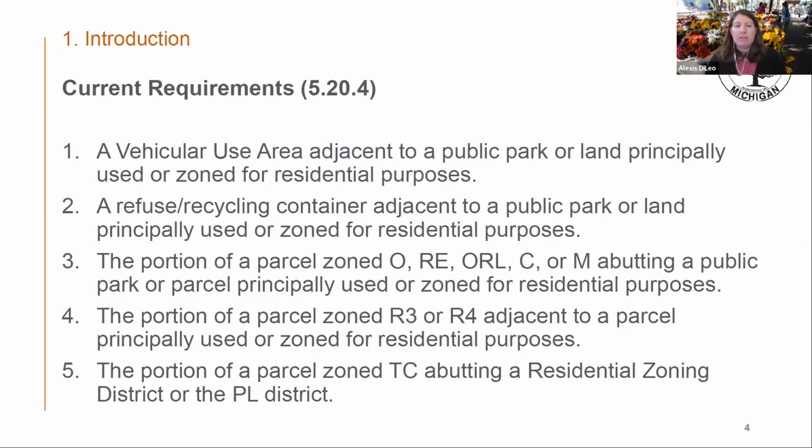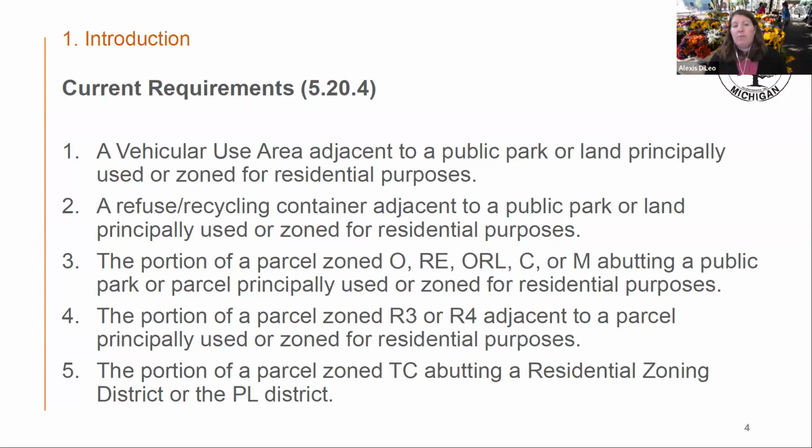When a refuse recycling container is adjacent to a park or land principally used or zoned for residential. They also require the portion of the parcel that's zoned office, RE, ORL, any of the Cs for commercial, or any of the Ms for manufacturing, when those abut parks or parcels used or zoned residential.